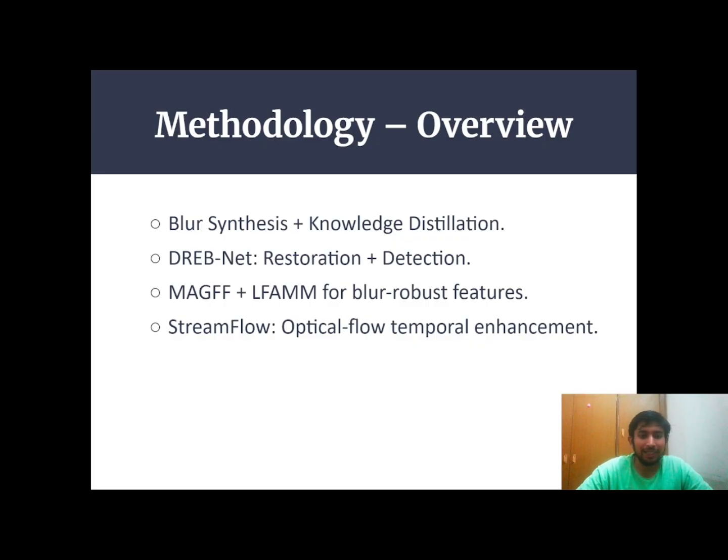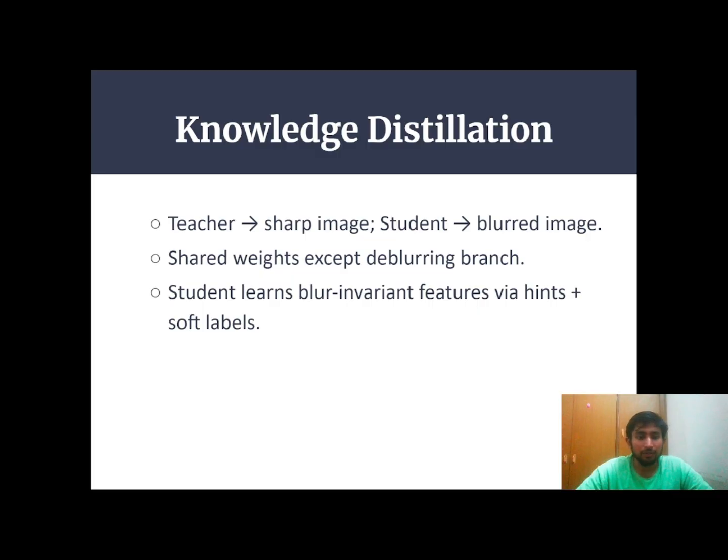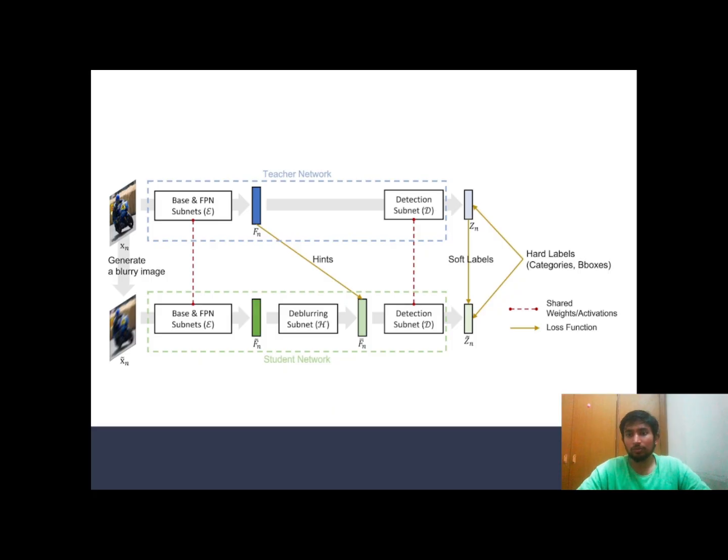First we'll look at blur synthesis and knowledge distillation. Here we use a student teacher framework. The teacher receives a sharp image and the student network receives the corresponding blurred image. Both networks share all the parameters except the deblurring branch, which is unique to the student network.